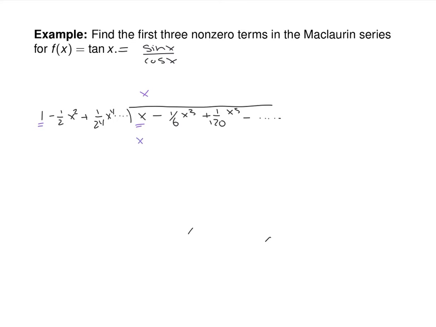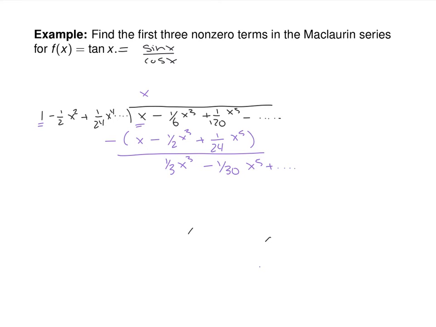So that's x minus 1/2 x cubed plus 1/24th x to the 5th, and you take that away. And this cancels the x's, and without spending too much time dealing with the fractions, we're going to have negative 1/6 plus 1/2, which will be 1/3 x cubed, and then 1 over 120 minus 1/24th will be negative 1/30th, plus more stuff.